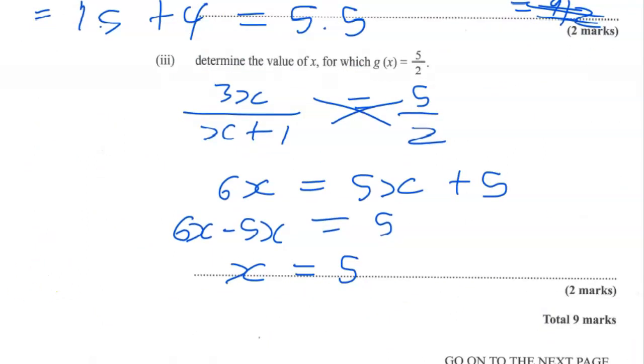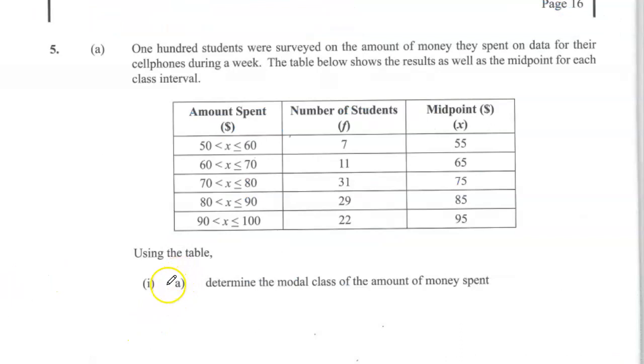Let's move on. Question 5. 100 students were surveyed on the amount of money they spent on data for their cell phones during a week. The table below shows the results as well as a midpoint for each class interval. Using the table, determine the modal class of the amount of money spent.